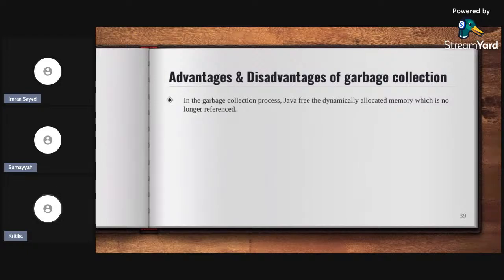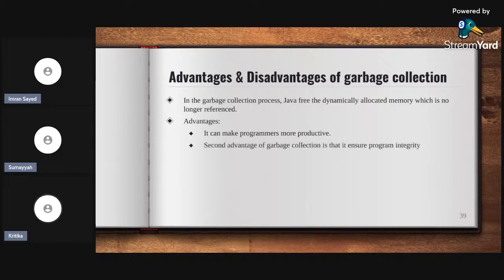Advantages and disadvantages of garbage collection. In the garbage collection process, Java frees the dynamically allocated memory, which is no longer referenced. Advantages: it can make programmers more productive. Second advantage of garbage collection is that it ensures program integrity.